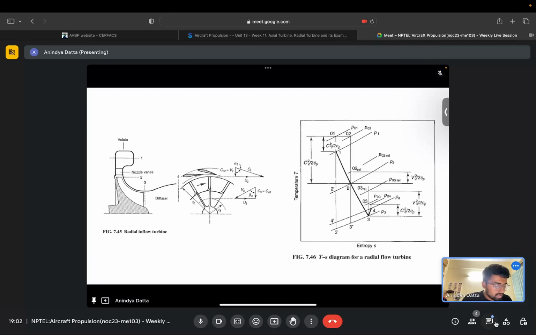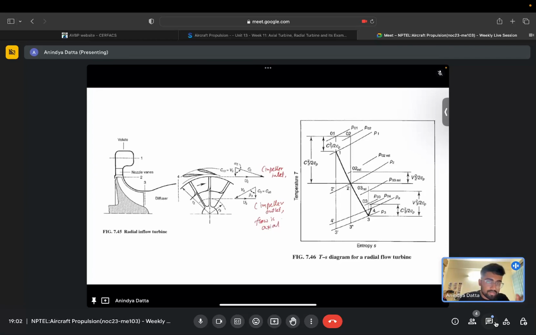On the left, we have the schematic and the velocity triangles that I have already discussed, right? This is the impeller inlet, so the flow is radially inwards. And this is the impeller outlet, where the flow is axial.